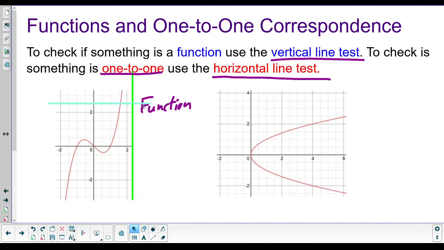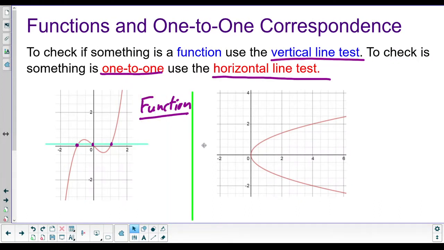Scanning, touching once, touching once, touching once, touching 3 times. Look at this. 1, 2, 3. This thing is not one-to-one because it fails the horizontal line test. It touches too much. This is bad. So don't do that. Okay? So this graph is only a function. It is not one-to-one.